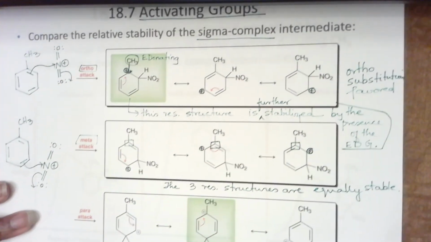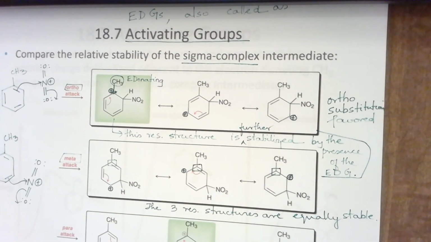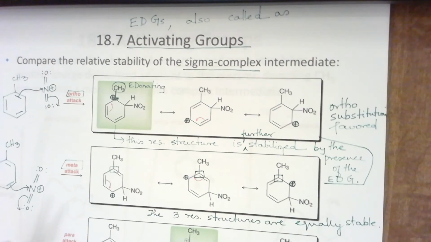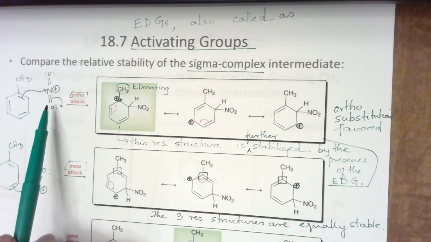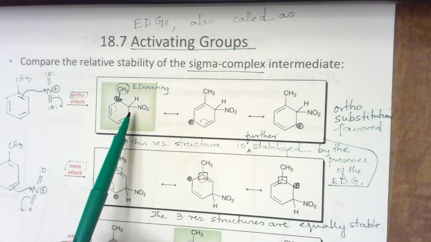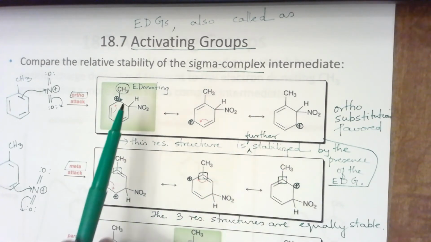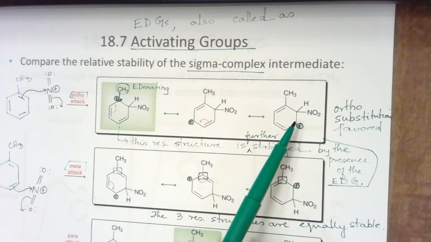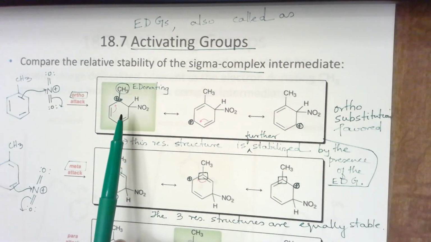Okay, so there's not one position that is favored over the other. So do not worry about where these positive charges are. What you have to look at is this. When the nitro group is connected to the ortho position, you have 3 resonance structures, but extra stability to the first structure here.